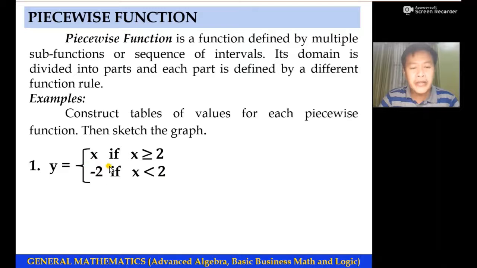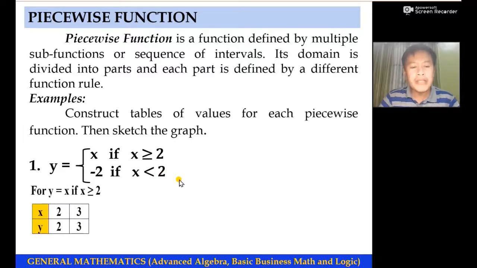Take note, there are two different subfunctions here, and each subfunction has a definite function rule because this is a linear function in which our domain is x is greater than or equal to 2. And this is a constant function in which our domain is x is less than 2.